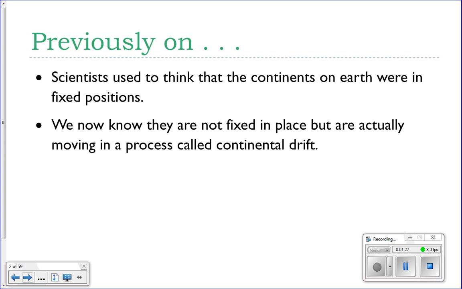The continents actually move in a process called continental drift. And they move at the same rate that your fingernails grow. Okay? So every year, in North America, we move slightly closer to Asia. We're moving away from Europe, slightly closer to Asia. And this process is called continental drift.